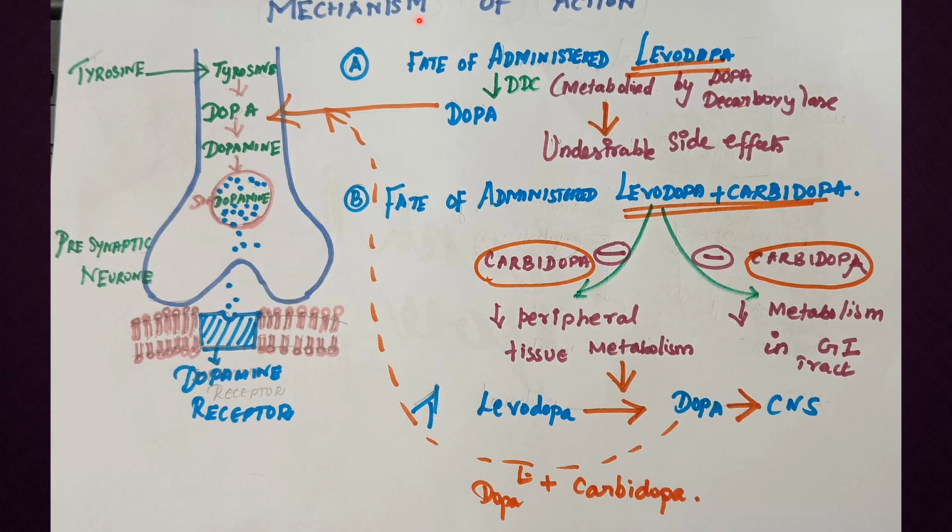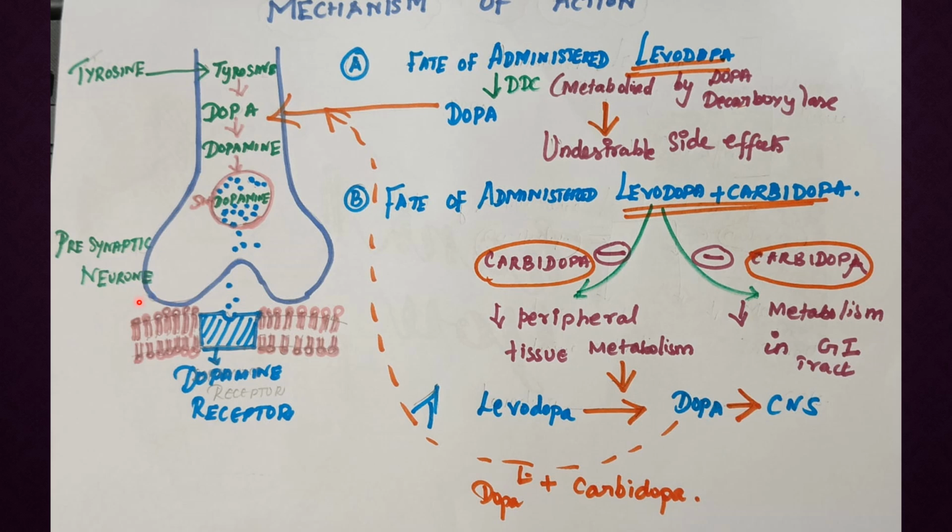Mechanism of action of anti-Parkinson drugs. Before going to the mechanism, first we will see the dopaminergic neurohumoral transmission. Tyrosine is the precursor of dopamine, with active reuptake into the presynaptic nerve.